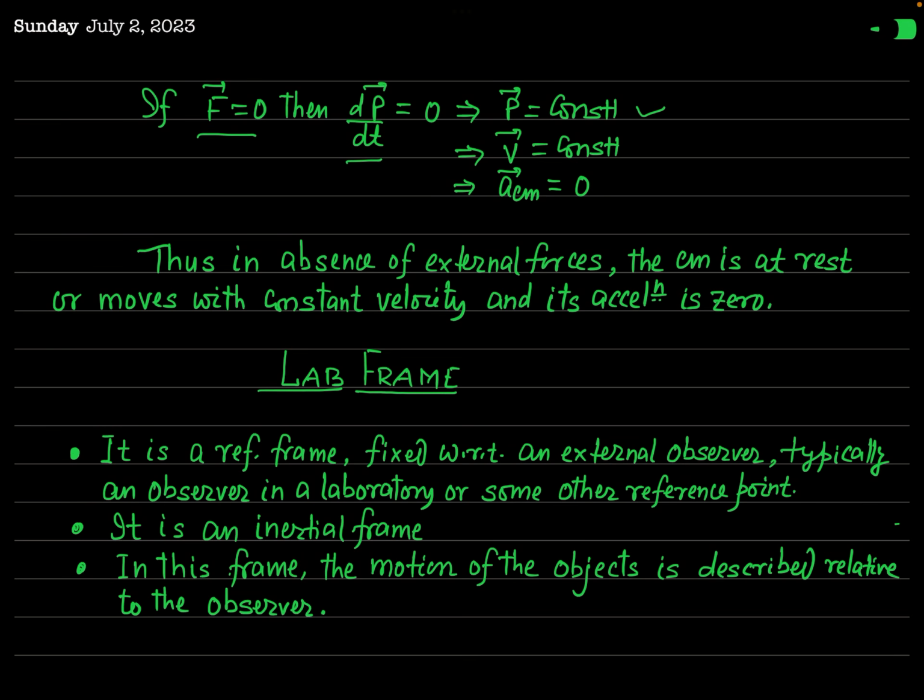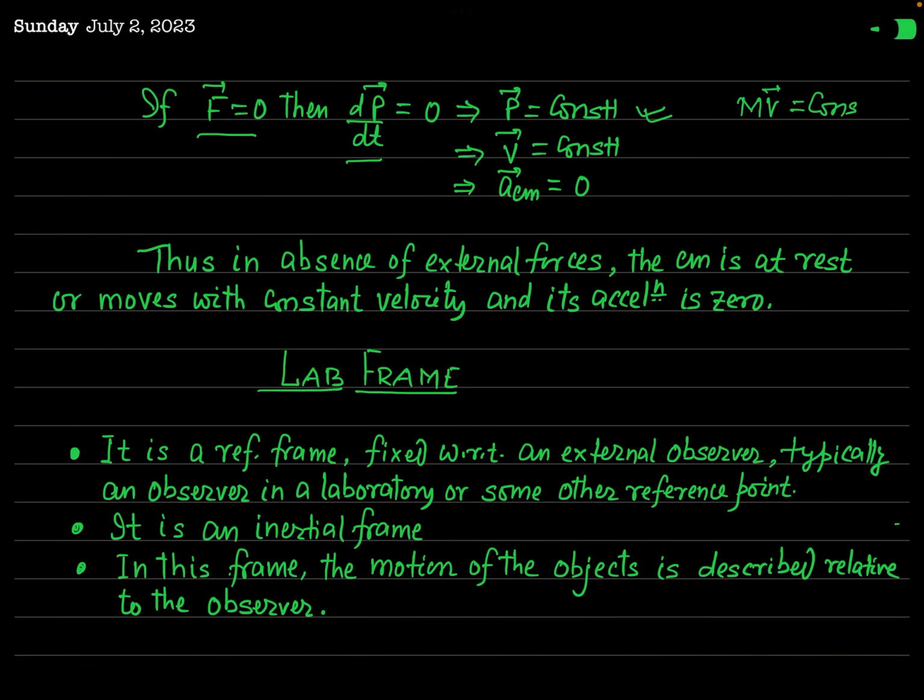So if no external force acts on the particle, or the resultant external force applied on the system is 0, or our system is an isolated system, in that condition, the momentum of the system will remain conserved. This is actually the principle of conservation of linear momentum. And if momentum is conserved, you know momentum of the system is mv, and this mv will be constant.